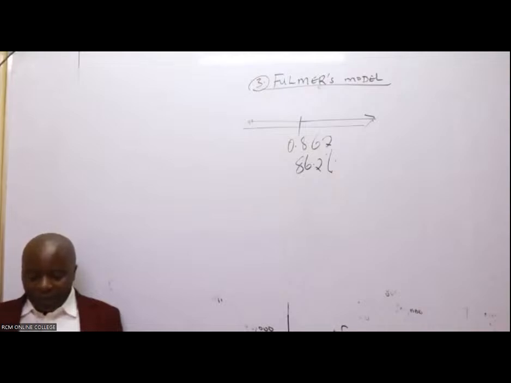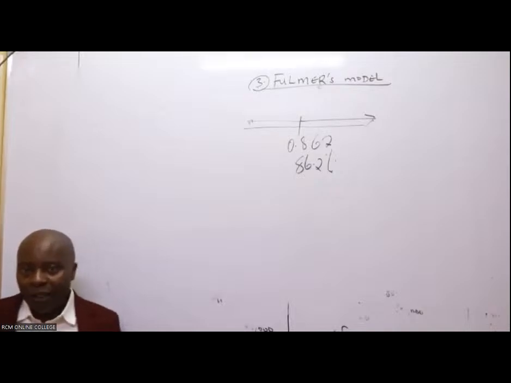So we are told something nice there. The Farmer model of predicting corporate failure is a financial distress prediction model. Remember, when you're financially distressed is when you have a lot of financial issues. It was developed by David A. Farmer in the early 1960s.